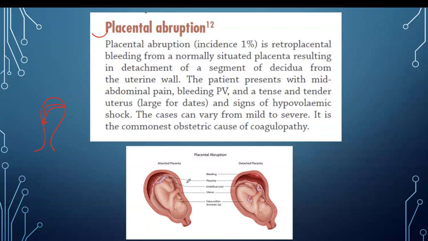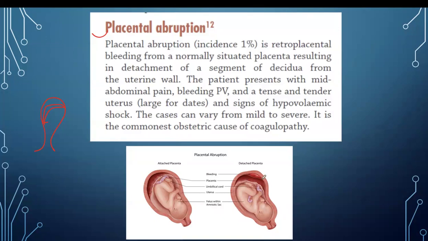Now, if during pregnancy, especially between 20 weeks of pregnancy up to the onset of labor, the placenta gets detached from the uterus, it can start bleeding.